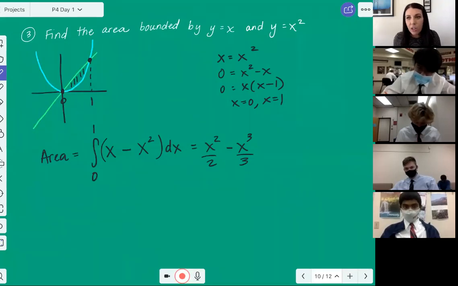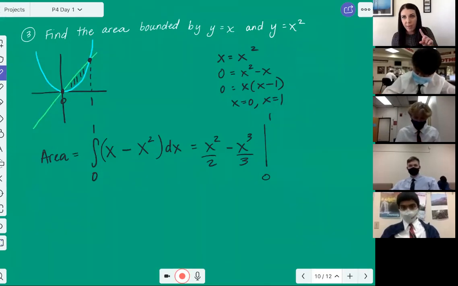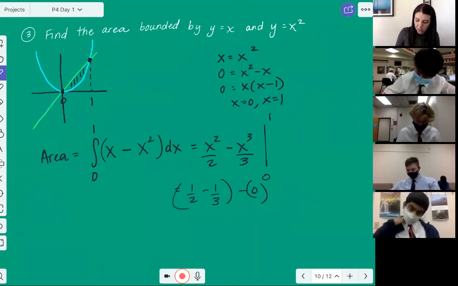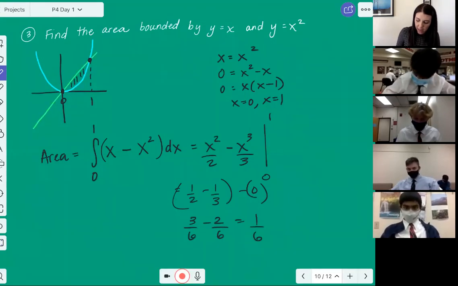You'll notice I don't have an integral drawn because I already took it. I do need a vertical line with 0 and 1 on there, so make sure you have that vertical line when you're applying your bounds. We get 1/2 minus 1/3 minus 0, or the same as times 3 over 3, 3 over 6 minus 2 over 6 equals 1/6, a positive value. That would be the area between those curves.